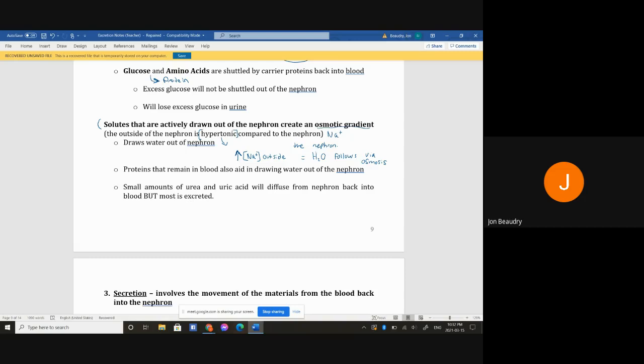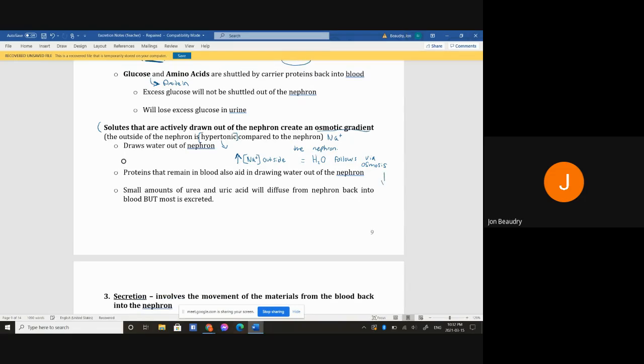What it's trying to do is lower the concentration of sodium ions, right? Not the amount of sodium ions, but the concentration. And that's why H2O, or water, is going to flow out of that nephron and become reabsorbed back into my circulation.